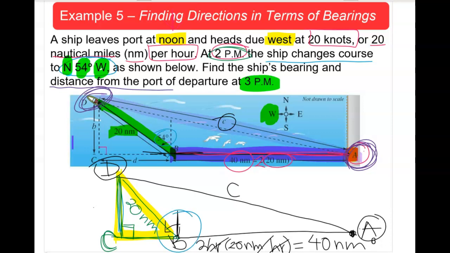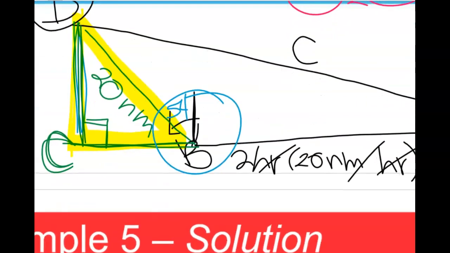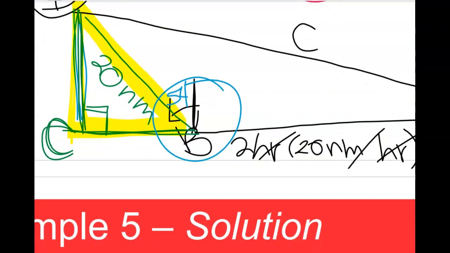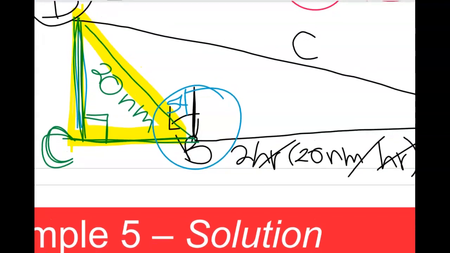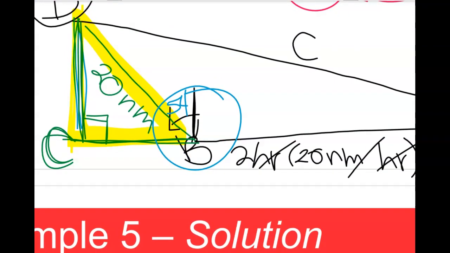And you can see it here. The bearing was 54. So because this angle here happens to be a right angle, and we know it is a right angle because we drew the north-south line to be perpendicular to the trajectory of the boat.